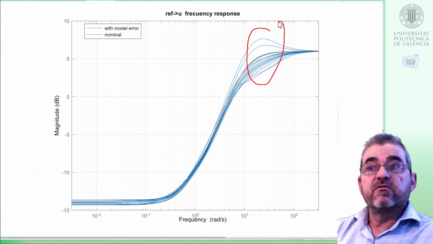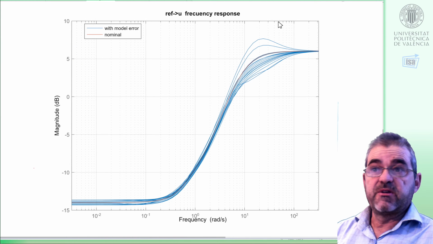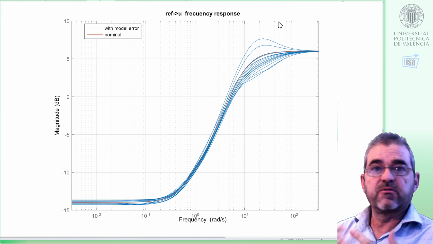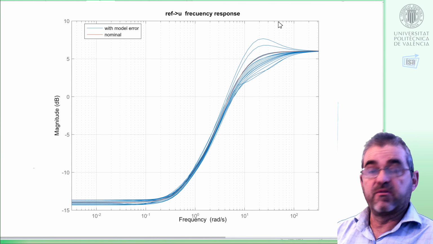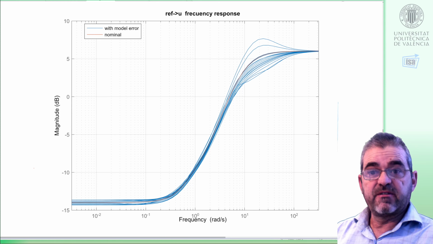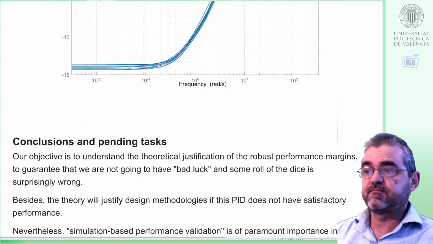Okay, we have some oscillations here, but if we think these are reasonably close to the red thing, and in general error and control action in time and frequency are close enough to the nominal simulation, then we validate our design by simulation and we assert that it seems that we have robust performance. However, let us end the video with some remarks.